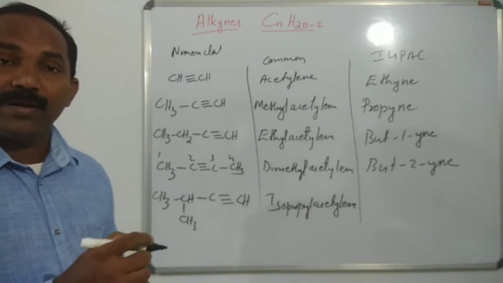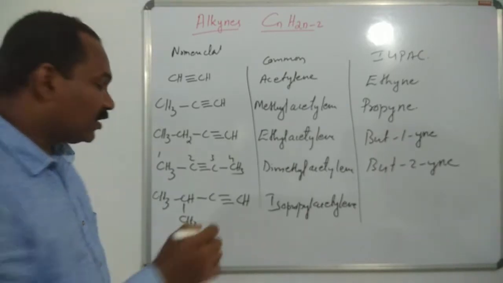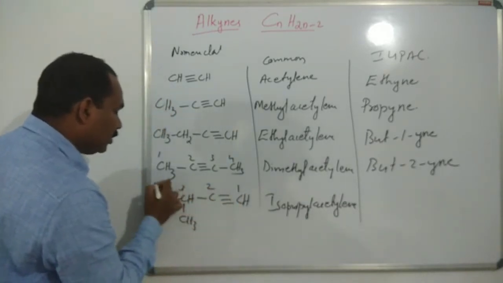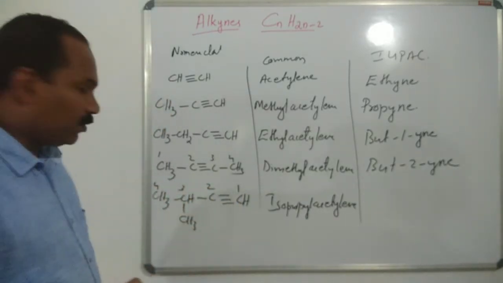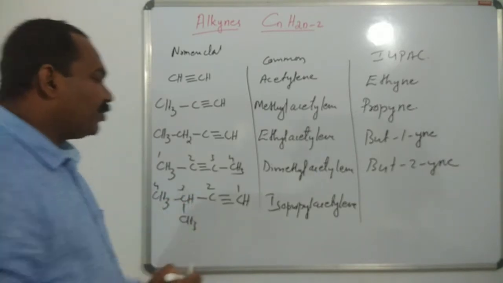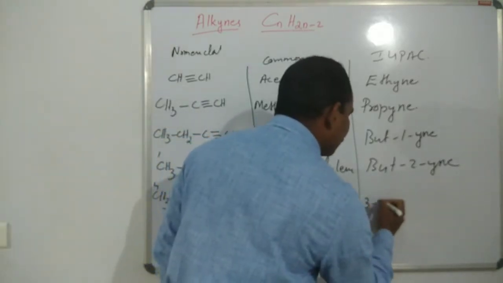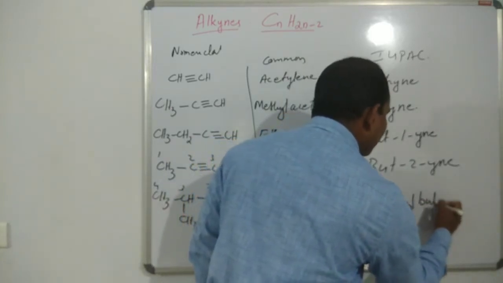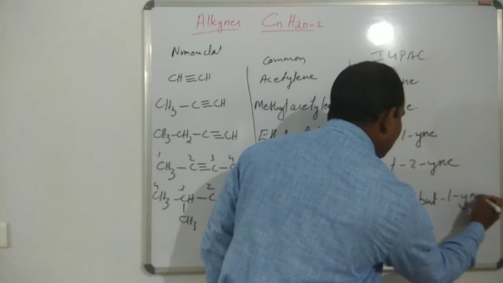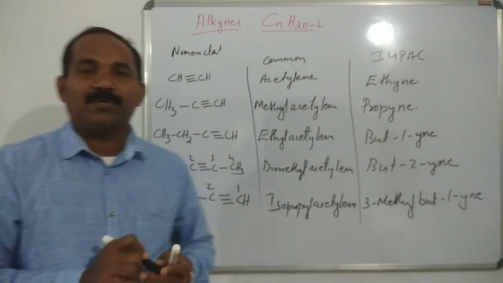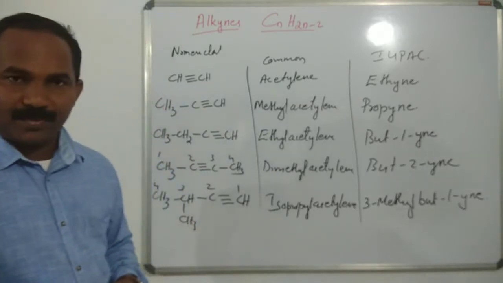If only one C triple bond C, we give the priority to the alkyne group, 1, 2, 3, 4. What is the IUPAC name? 3-methyl but-1-yne. Okay, so that's about the naming.